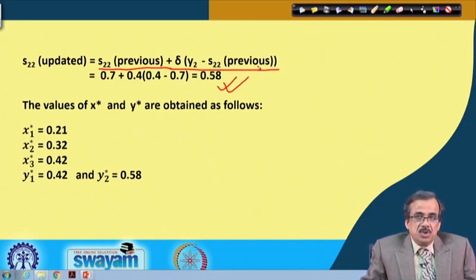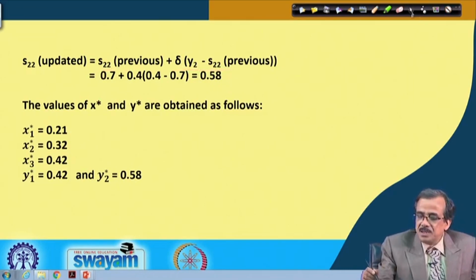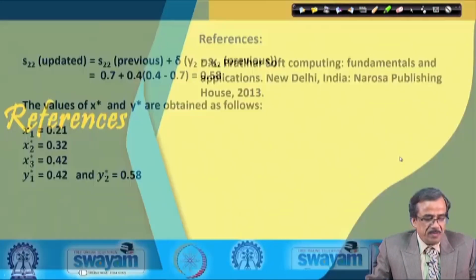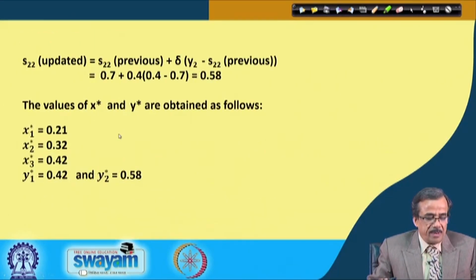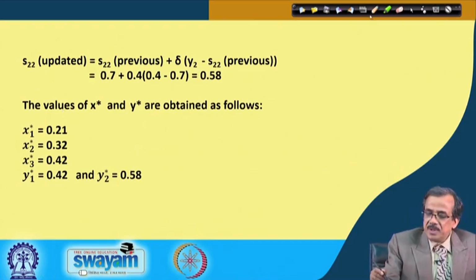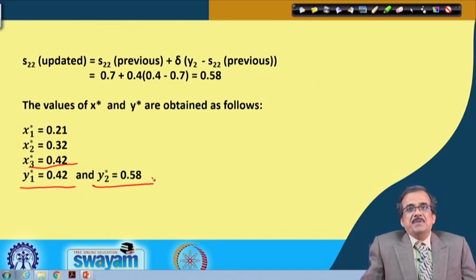Now, those updated values we are going to assign here. So x1 star is nothing but 0.21, x2 star is 0.32 and x3 star is 0.42, y1 star is 0.42 and y2 star is 0.58.